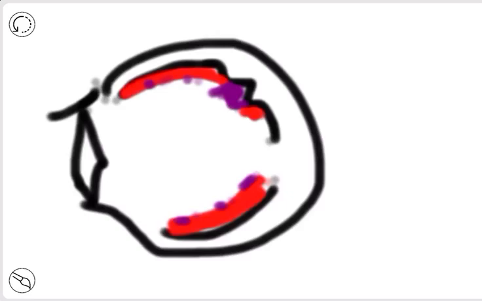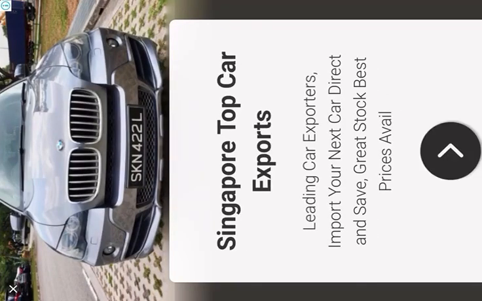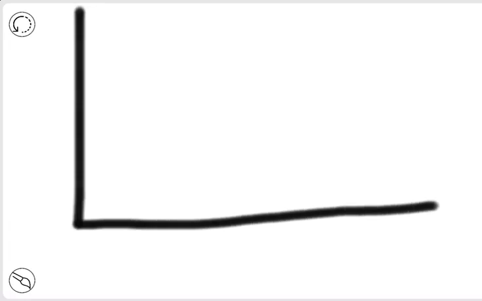Now, if we want to look at their distribution in a graphical way, we can start by looking at the fovea, okay.